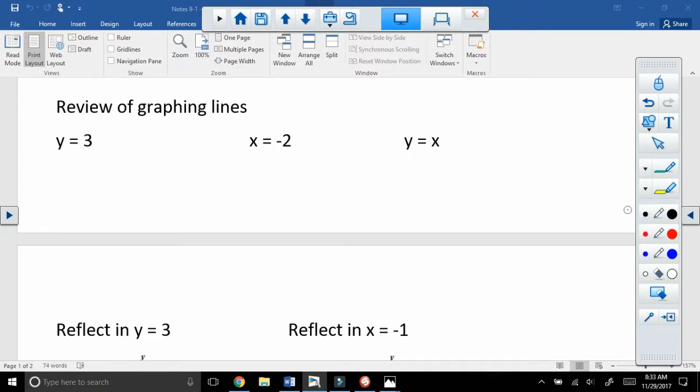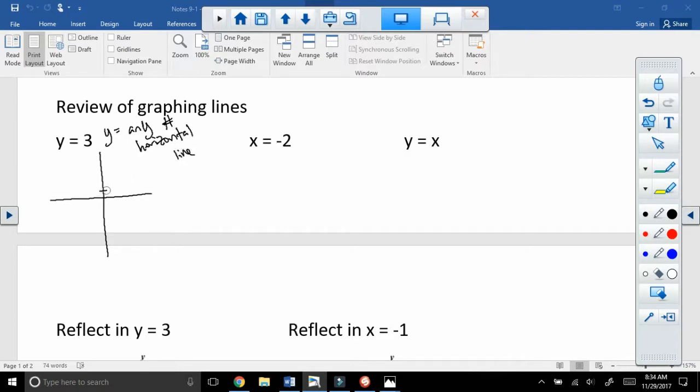Okay, we're going to do a real quick review of how to graph these lines, because you will be expected to graph over any vertical, horizontal, or y equals x line. So the line y equals 3, if it's ever y equals any number, it's going to be a horizontal line.